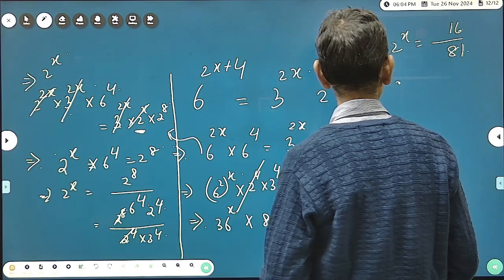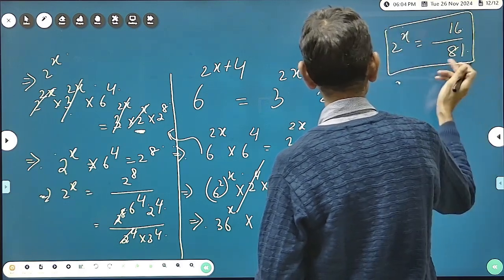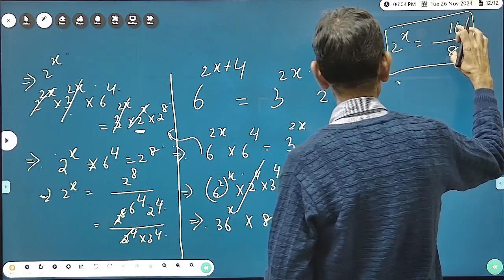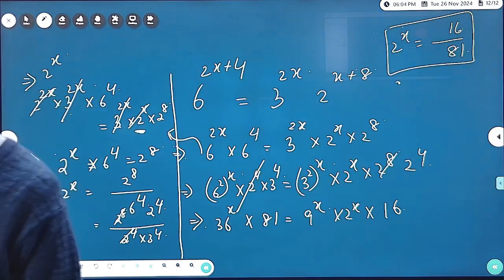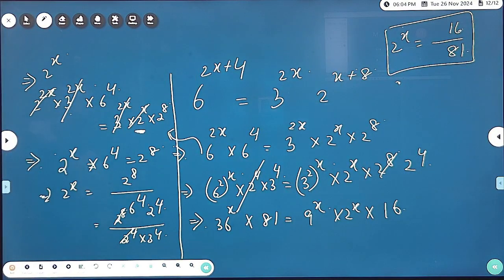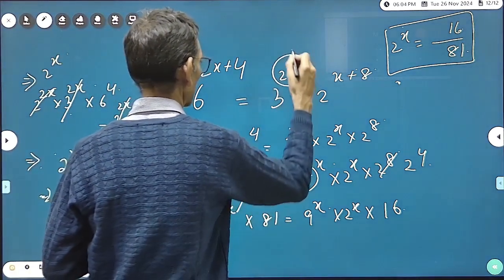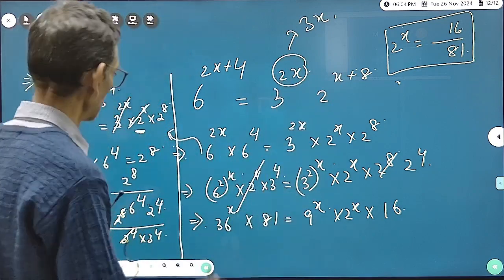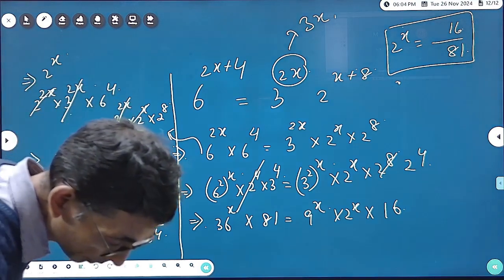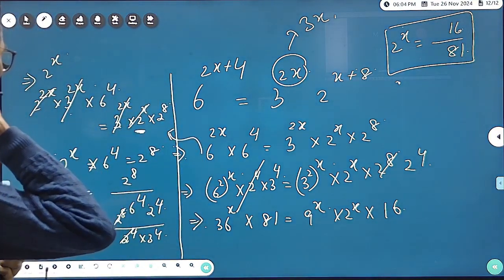So 3 to the power x equal to 16 by 81. Obviously you can find x if you can express this in a power of 2. I had to write 3 to the power 3x in the question here, but I wrote 3x and saw 2, so it matched. Otherwise you could have written the power as 2/3 on both sides.